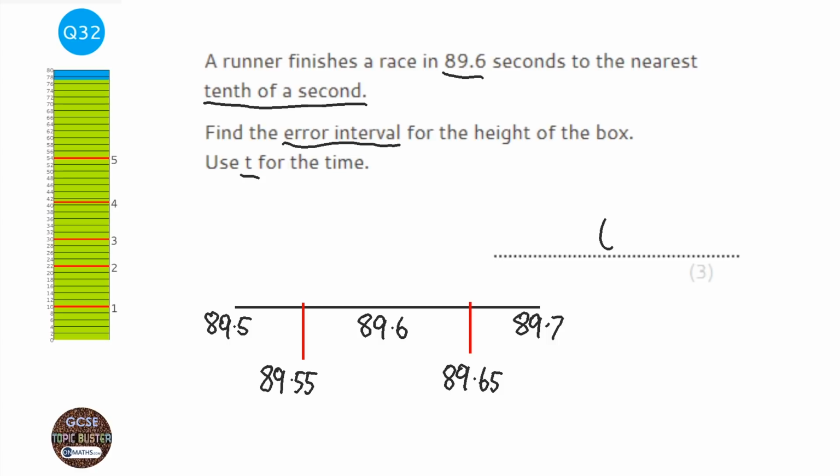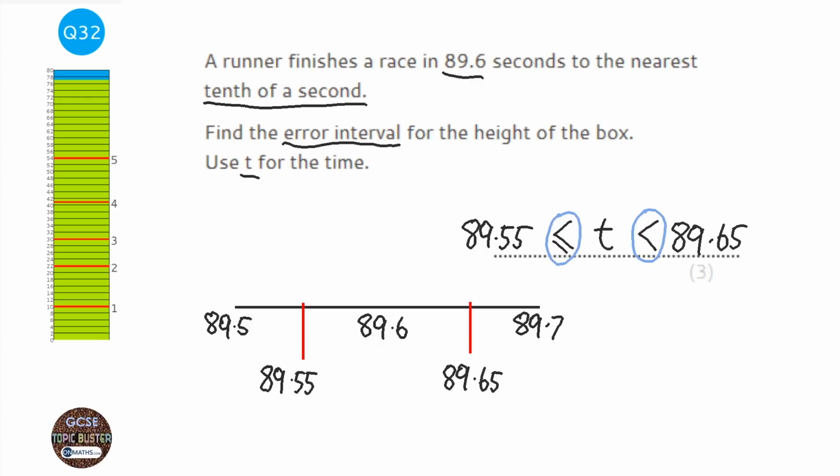So we put t in the middle, then we put the greater than sign on the left hand side, and then just the normal inequality on the right hand side. Now these two signs here will always be the same. So when you're asked to do an error interval, it's that way around. So we're going to do our 89.55 on the left hand side and 89.65 on the right hand side.